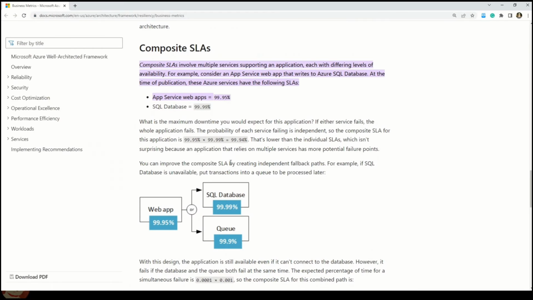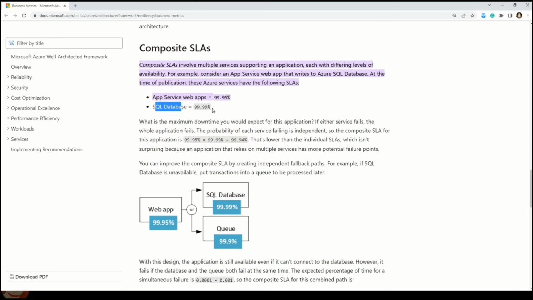So this is the Microsoft documentation which talks about composite SLA, and here you can see that Microsoft has given an example similar to our question. It comprises a solution that contains an App Service or web app which has an SLA of 99.95%, and the second service this solution has is a SQL database which has an SLA of 99.99%.